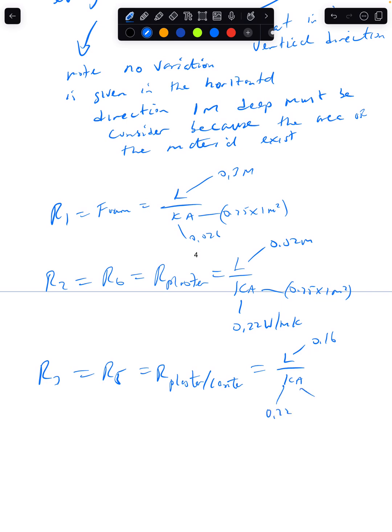And this is 0.015 times 1 meter square. How do we get that? That is just the brick section we're talking about.